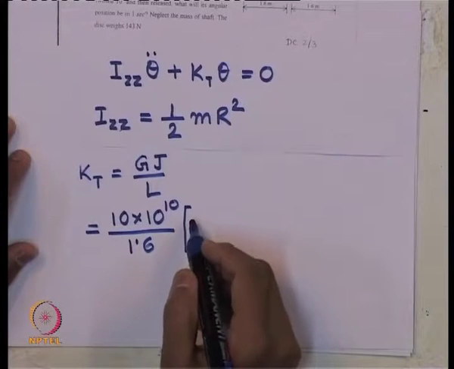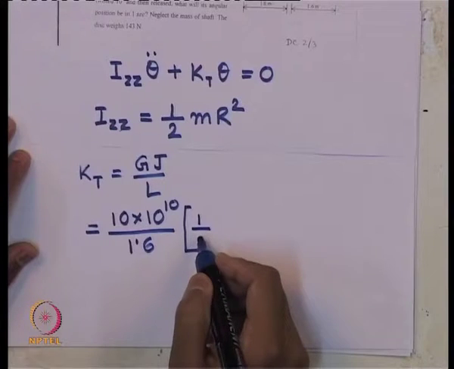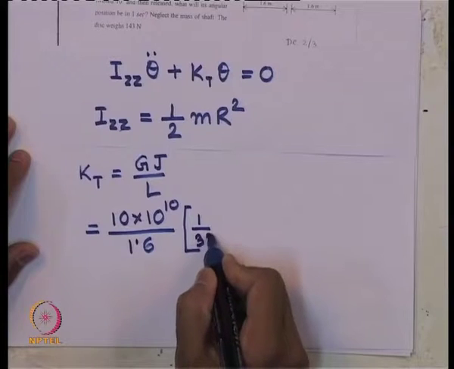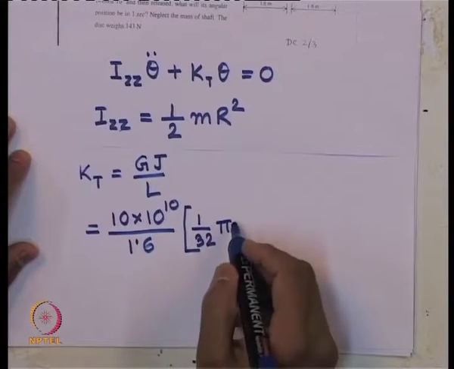So, J is how much? 1 by 32 pi d to the power 4.